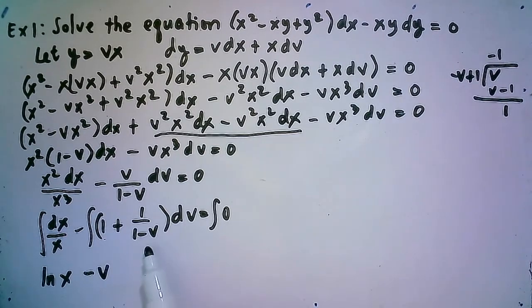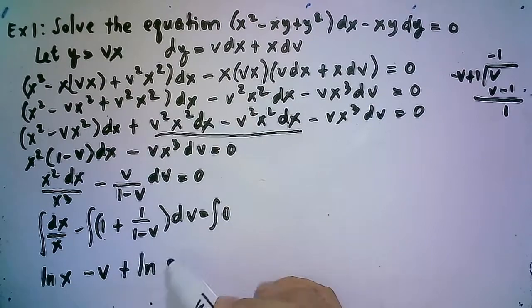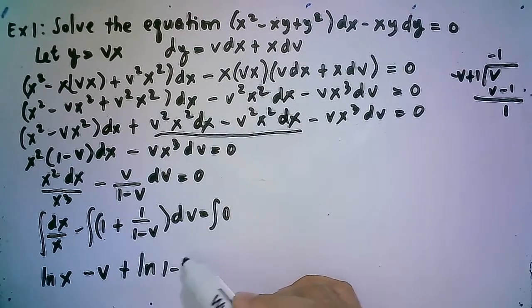And then this one, the integral of dv over 1 minus v, let u equals 1 minus v. The derivative of 1 minus v is equivalent to negative dv. So negative times negative, that becomes positive. So we have here positive ln of 1 minus v.